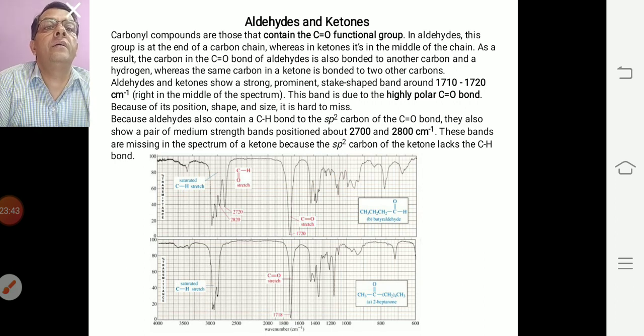So that's why in the case of aldehyde, this CH stretching is visible, but in the case of ketone, the C double bond O attached CH stretching is absent. The other absorptions are somewhat similar.